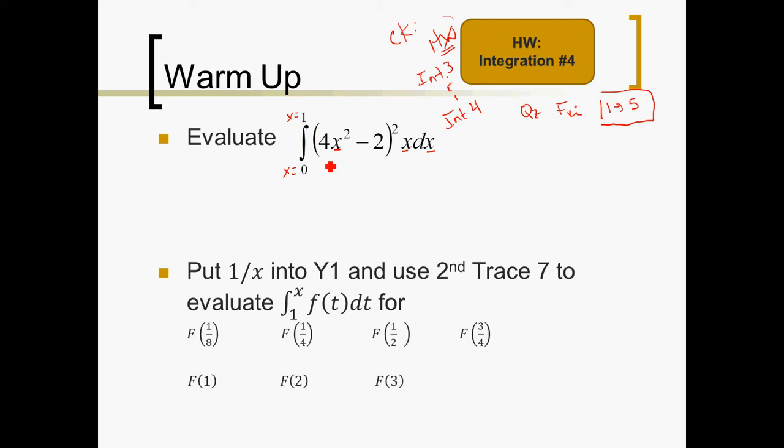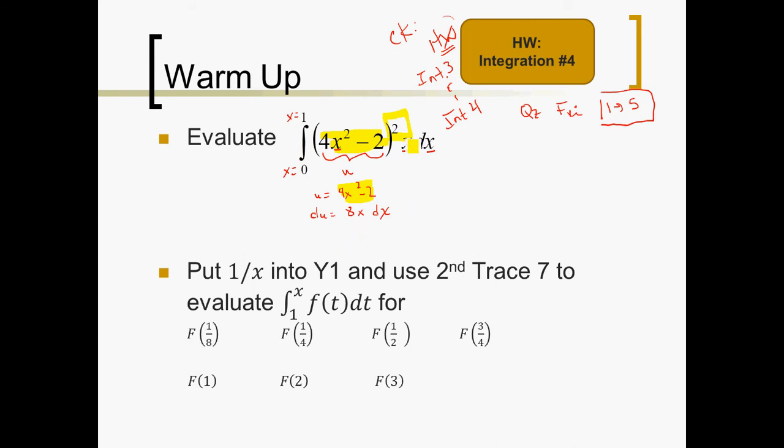But since we just learned u substitution, let's practice that. I'm going to make u equal to 4x squared minus 2, which means that the derivative of u is going to be 8x dx. When I look to substitute, I see that all of u is right here, and it's all inside the outside function of squaring, which I will be differentiating.